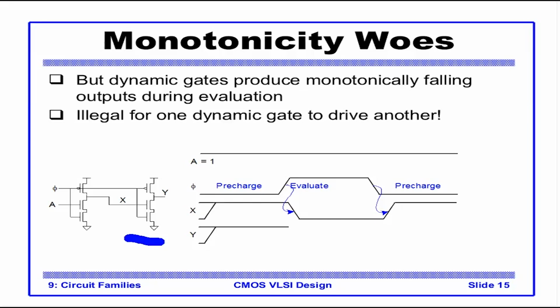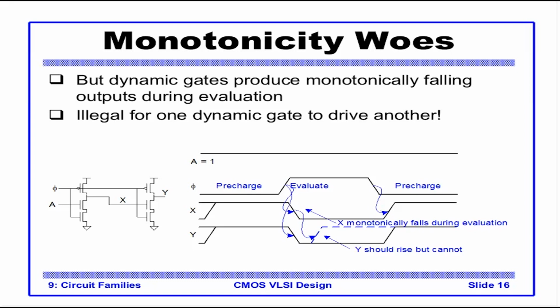During pre-charge, both X and Y are 1. A, let's say, remains at 1. During evaluate mode, X goes to 0. But now X going from 1 to 0 violates the input condition for the second inverter. So Y will not rise, and this is a problem. So it's illegal for one dynamic gate to drive another dynamic gate.